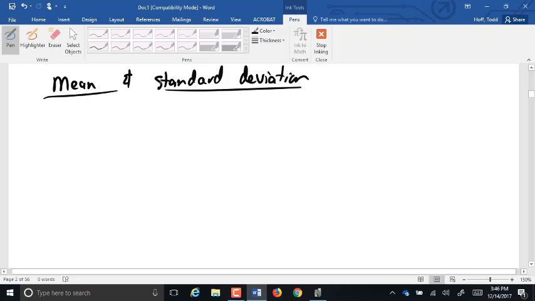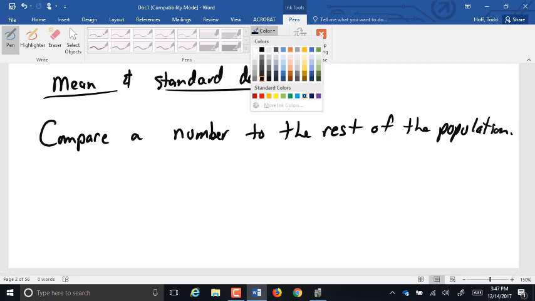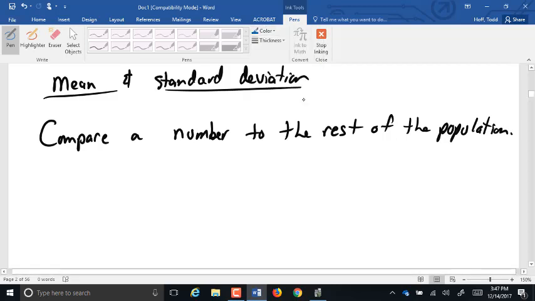And one of the things we could use them for is comparing a number to the rest of its own population. And the process we used with this is called the empirical rule.